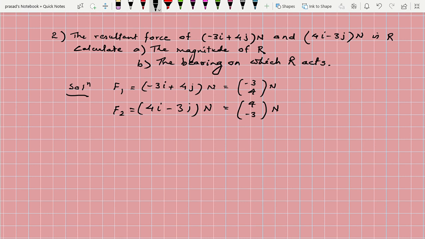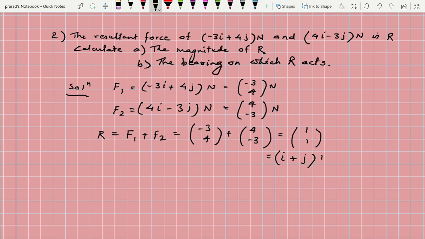So R is the resultant of F1 and F2. That means R is F1 plus F2, which is (-3, 4) plus (4, -3), and that is negative 3 plus 4, that is 1, and 4 minus 3, that is 1. That means I can say R is i plus j Newton.